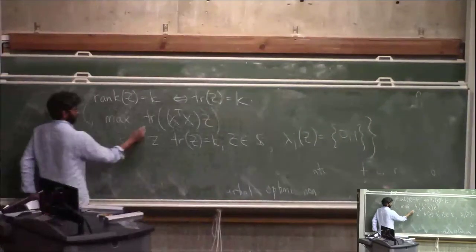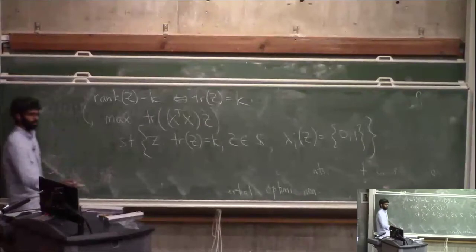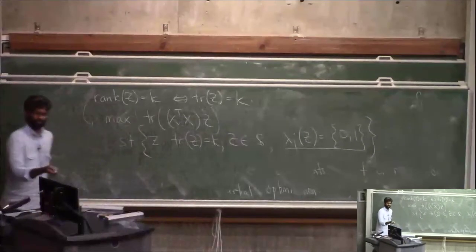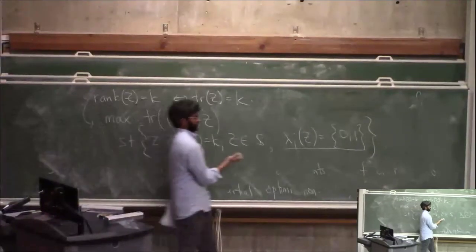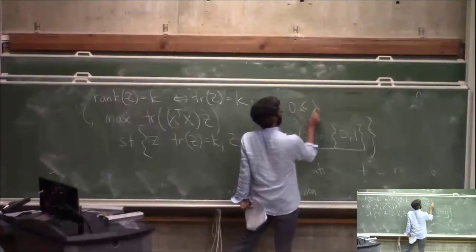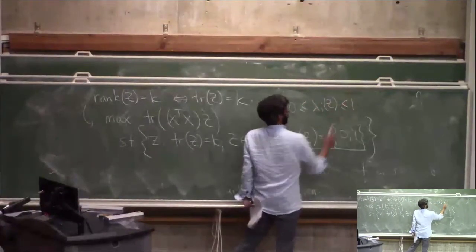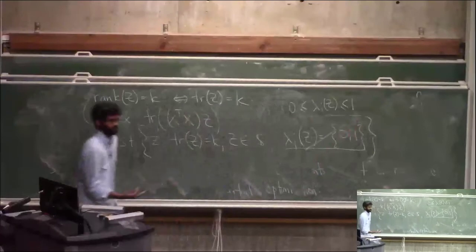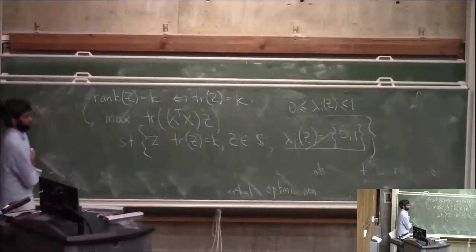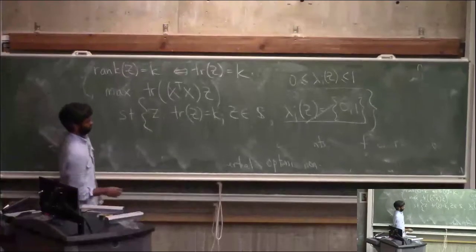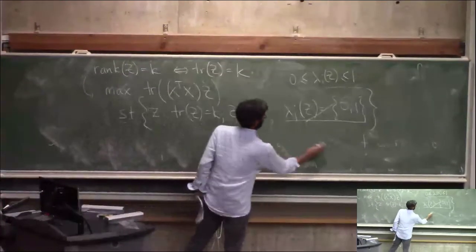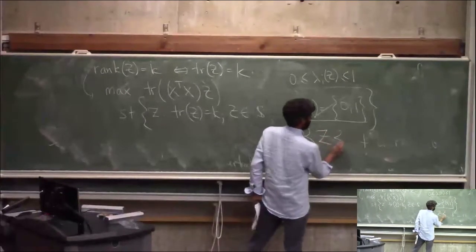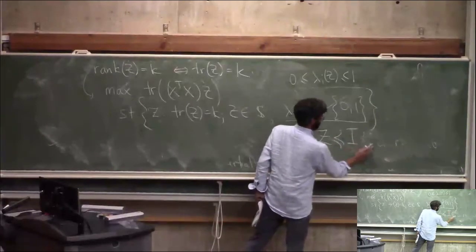The last step of this relaxation, as we're building towards a convex relaxation: the only thing left that's not convex is the requirement that the eigenvalues be either 0 or 1. The convex relaxation of this constraint is to say that every eigenvalue is between 0 and 1. So I drop this integer constraint, replace it with this constraint, and now this is a genuine convex relaxation of the original thing. If you want, this is just saying that in the PSD ordering, Z should be trapped between the zero matrix and the identity matrix.